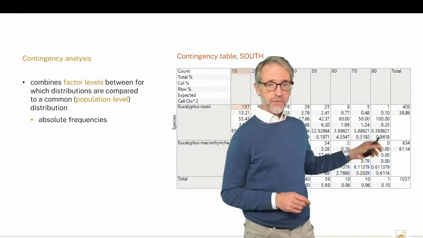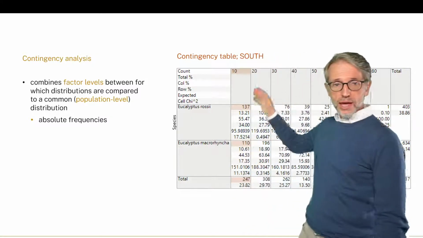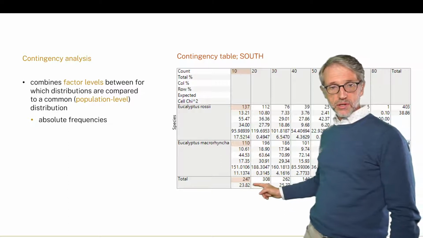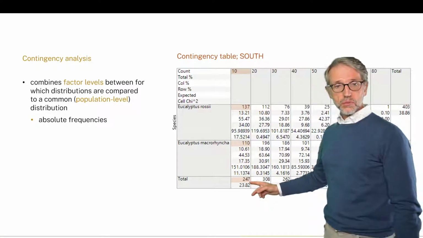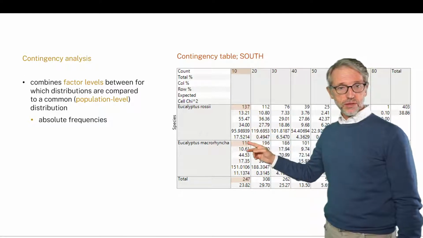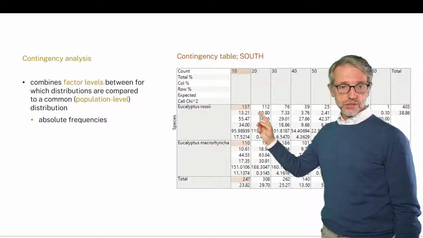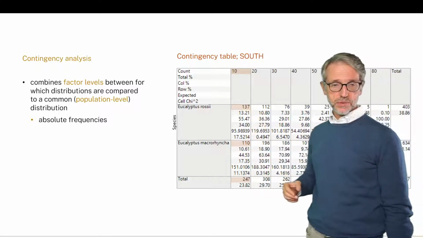That is, if we have 403 observations across this row, and down this column we have 247, we should then see a proportionate distribution of observations across both of these two sets of data, across these two species.